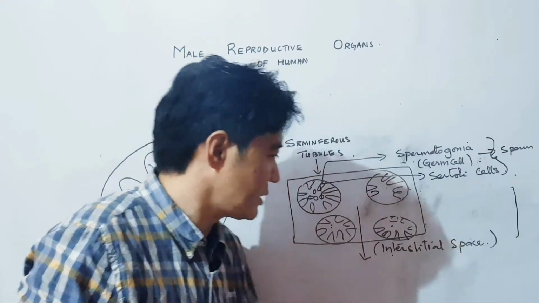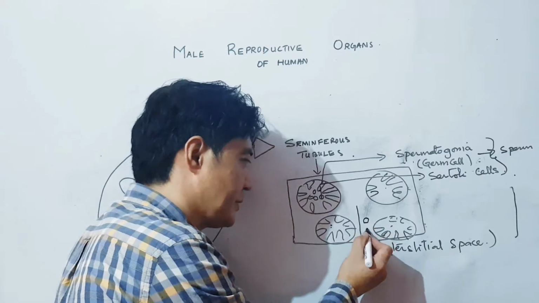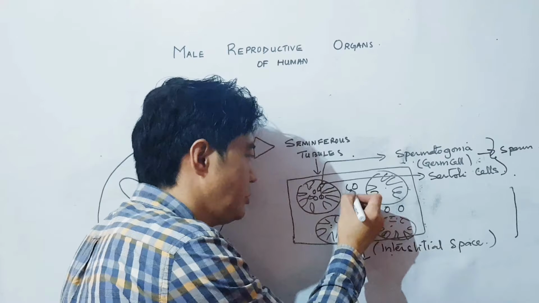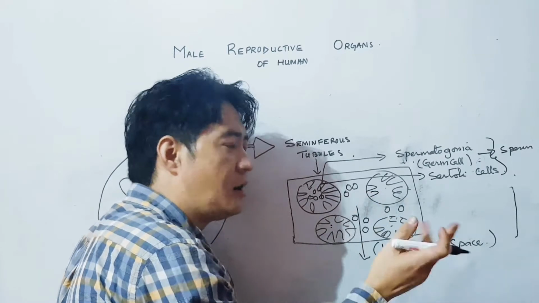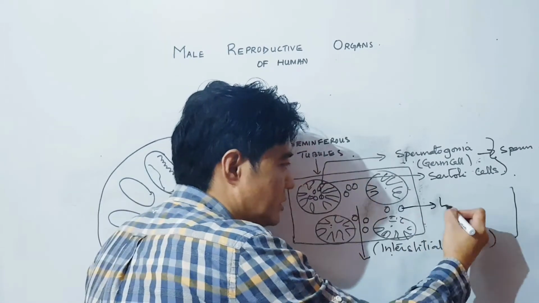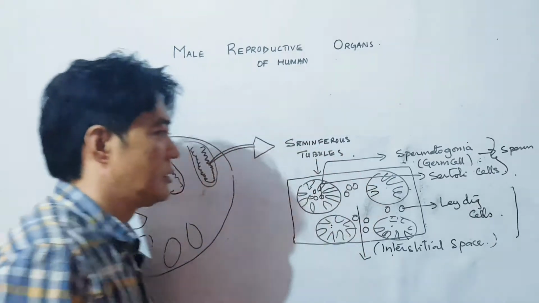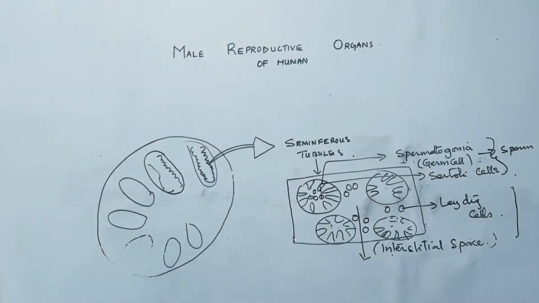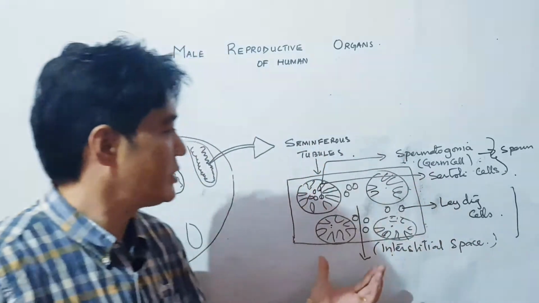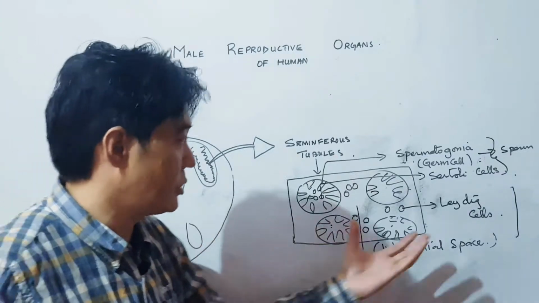In this interstitial space, you will find other cells which have endocrine functions, meaning they produce the male hormone, that is testosterone. Later on we will study these, known as Leydig cells. These Leydig cells, found in the space in between the seminiferous tubules, produce the male hormone, that is testosterone.